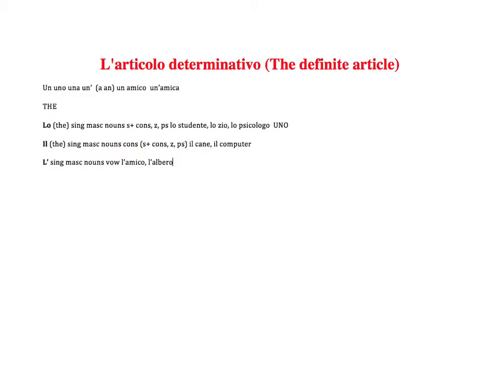Okay, so now we covered all the masculine cases. So "the" for masculine singular nouns can be lo, can be il, or can be l'. Let's see now their plural equivalent.